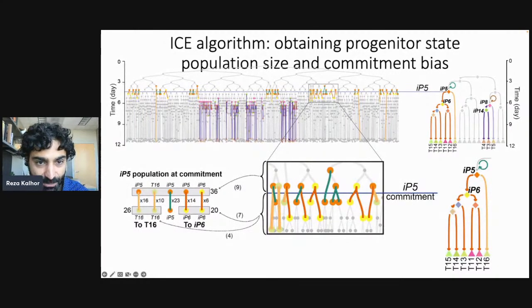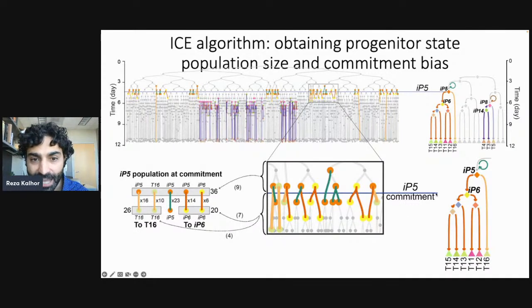I have zoomed in on this box in the phylogenetic tree and colored both the nodes and the branches according to this color key on the topology of the fate map itself. So these orange dots were inferred to be IP5. The yellow ones were inferred to be IP6.